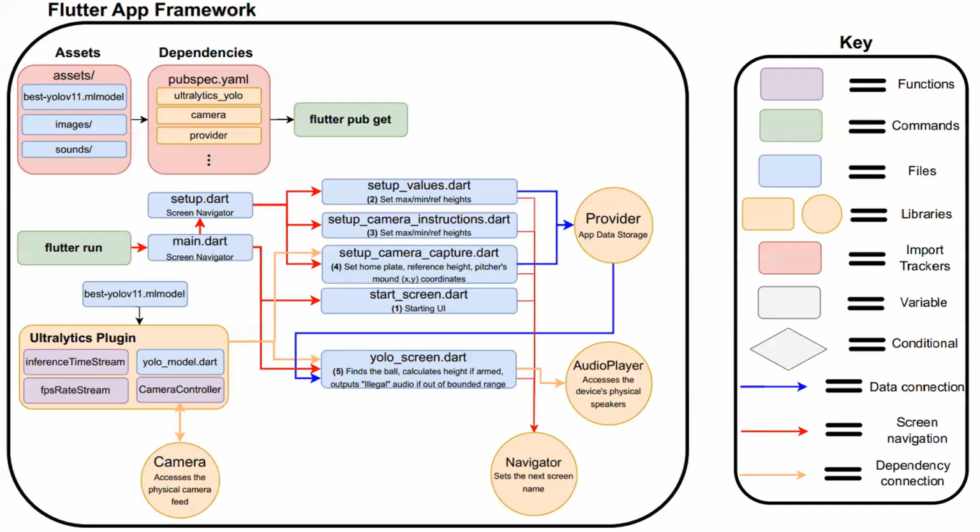As a reminder, this is the high-level overview of the Flutter framework that's being used for this application. Again, this walkthrough video will focus on the .dart files that make up the user interface.